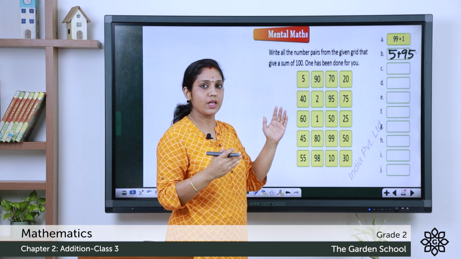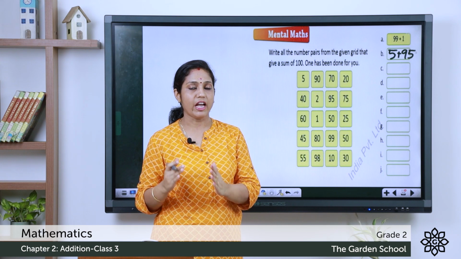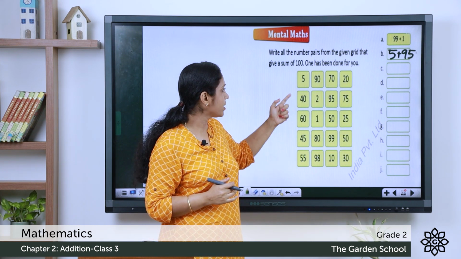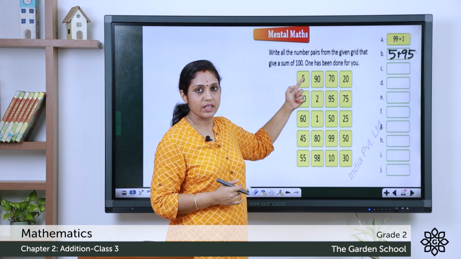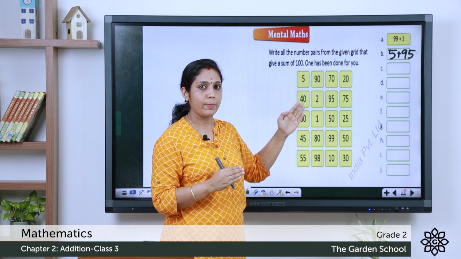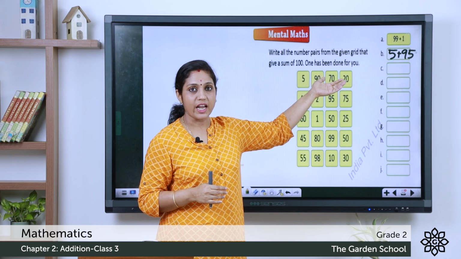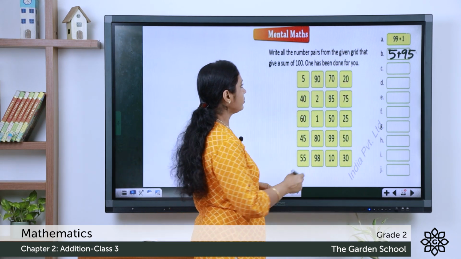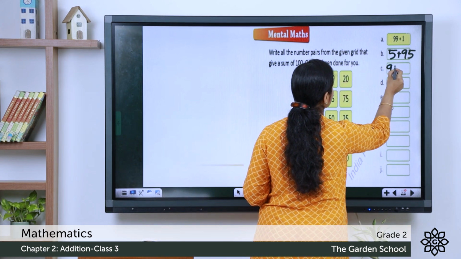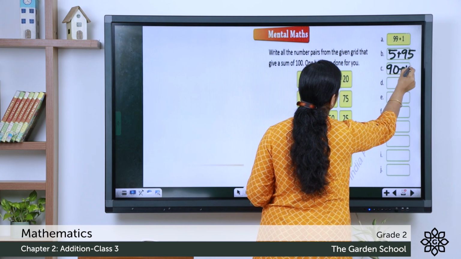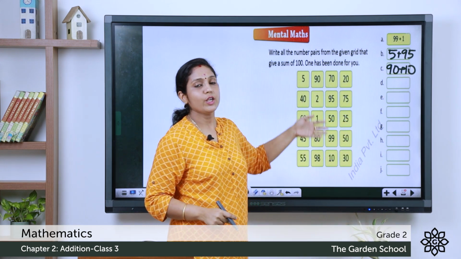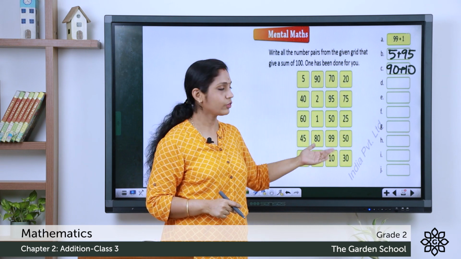So 90 plus dash makes 100. We have to find it out. So what number is there? You can check it here in this grid. So 90 plus 10 makes 100. So you can write it there, 90 plus 10.